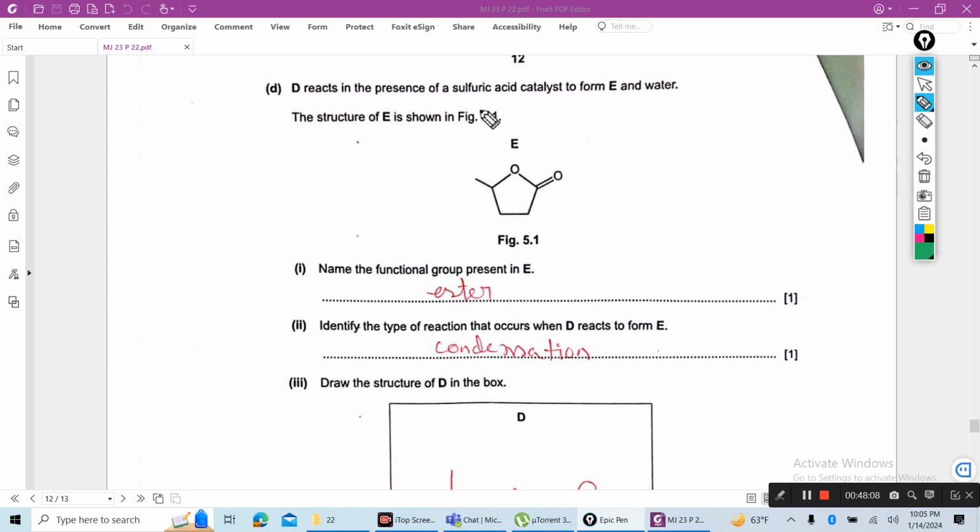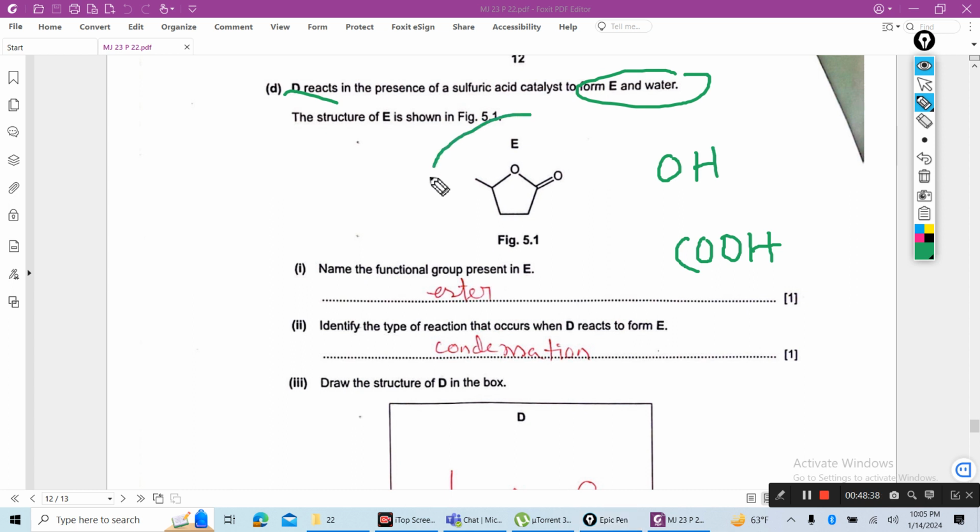You see, D reacts in the presence of sulfuric acid to form an ester. You know, an ester is formed from an alcohol and a carboxyl group, the OH group and the COOH group, to produce the ester.